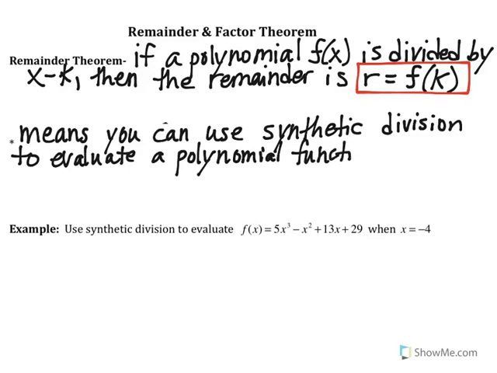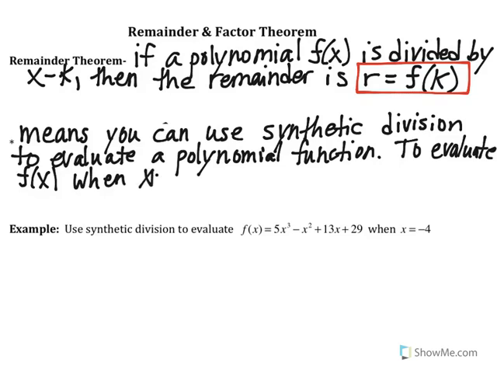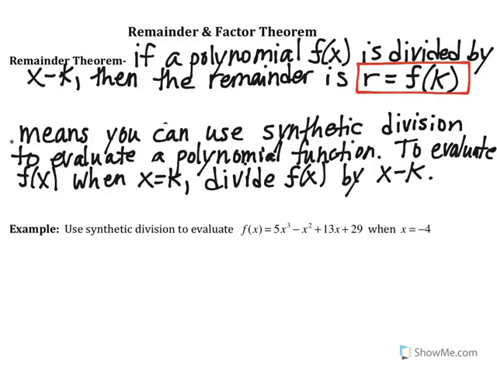And to do that, instead of plugging in k, we're going to divide f of x by x minus k. Now just be careful with this.